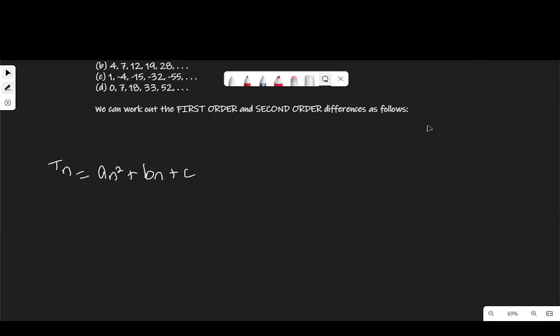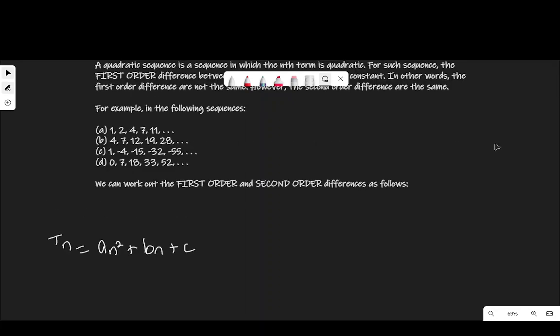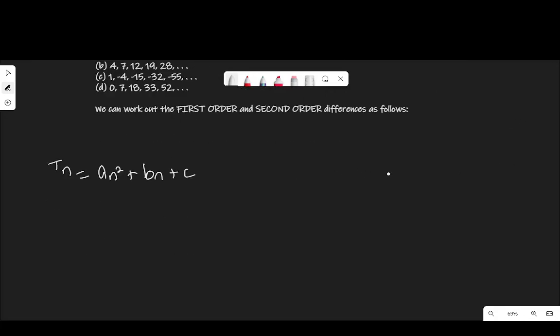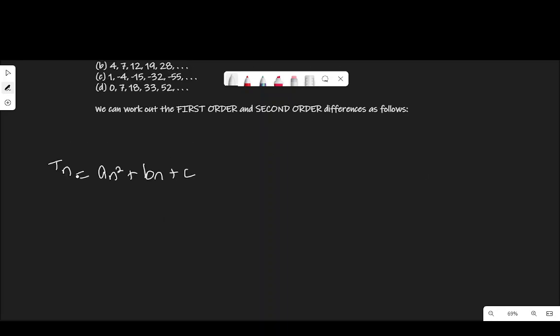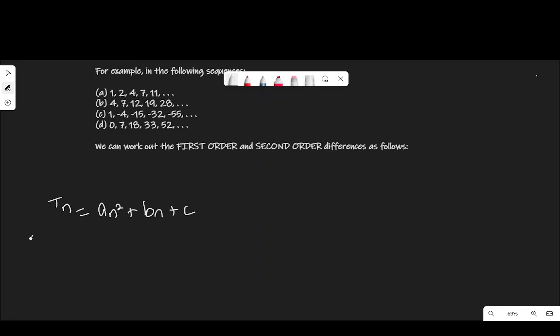Take the first sequence, which is 1, 2, 4, 7, and 11. Again, let's take their differences, both the first order and the second order. Let me write the sequence first: 1, 2, 4, 7, 11, and so on.